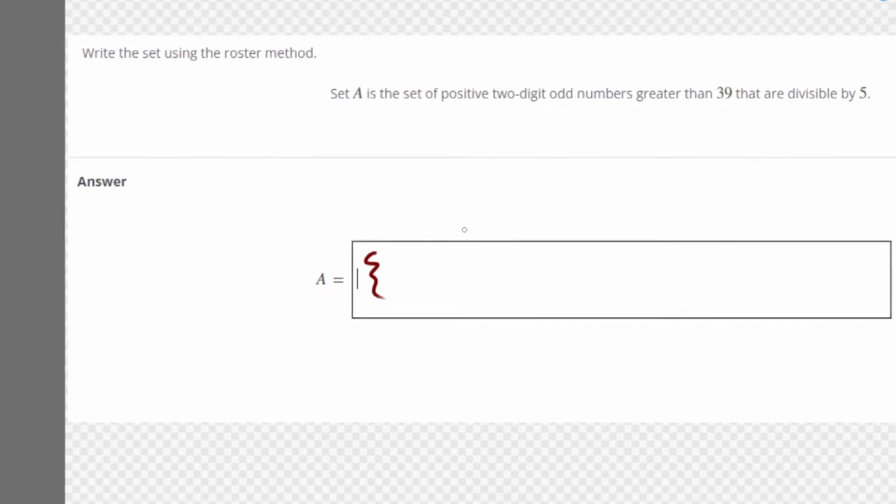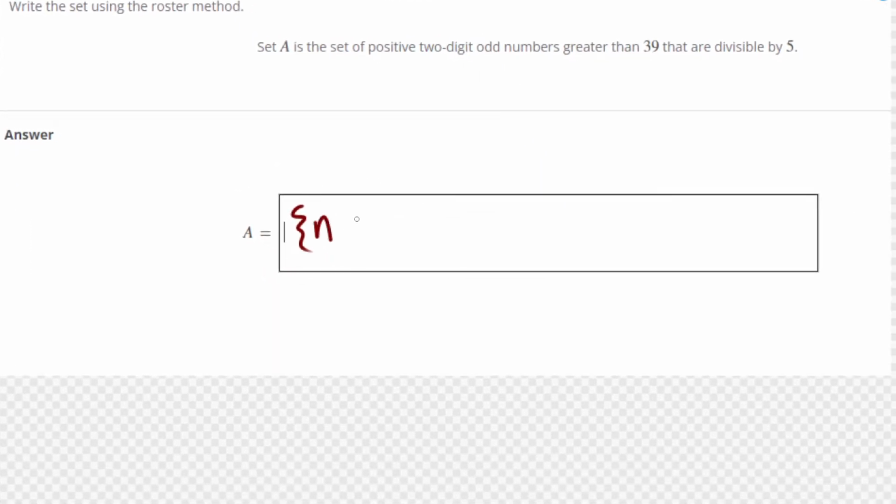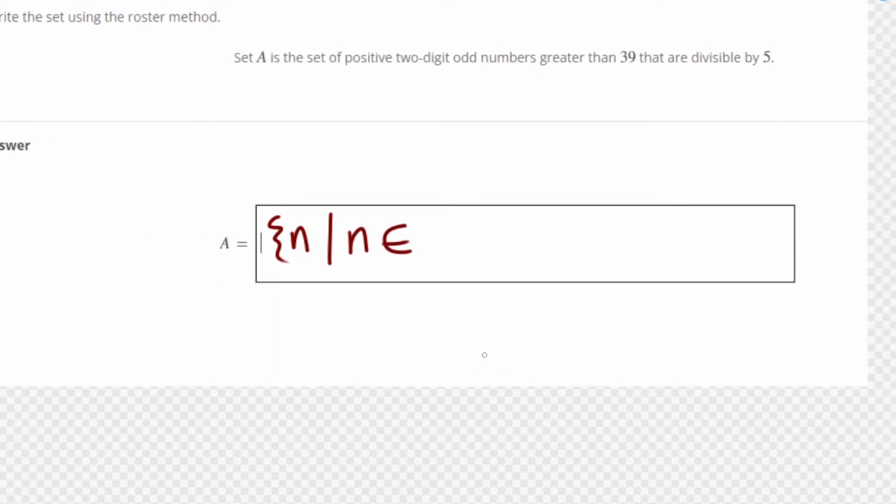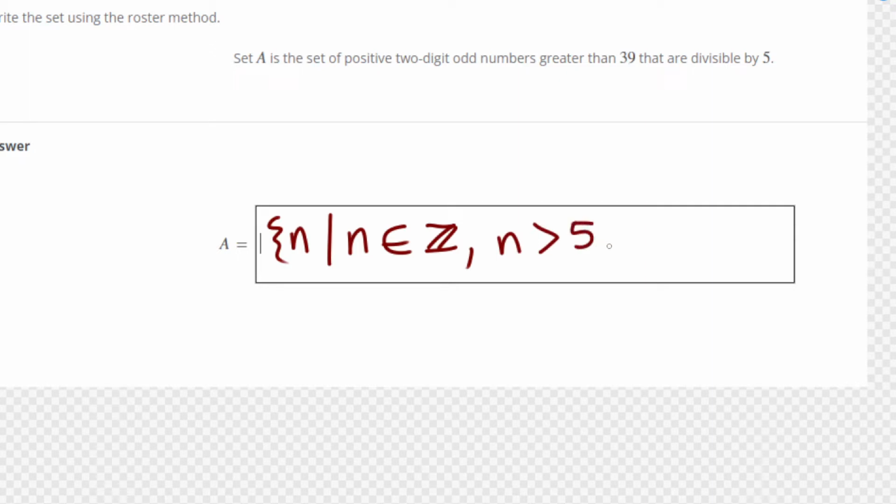So we can do N such that N is an element of, we'll just do integers, which is this funky Z, and then comma, we know that N is greater than 39.